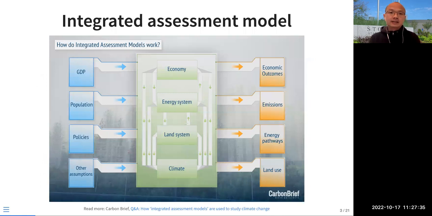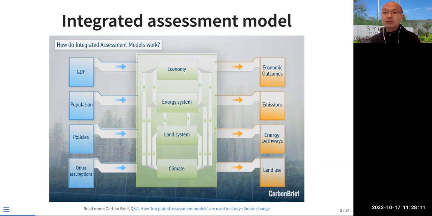First, the integrated assessment model, or IAM. You might hear this term on some occasions. It represents a series of models that start from basic assumptions such as GDP, population, policies, and other assumptions that link our economy, energy systems, and impacts to land use systems and climate.